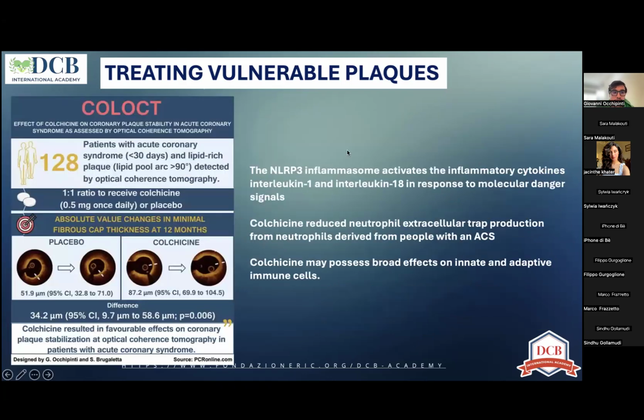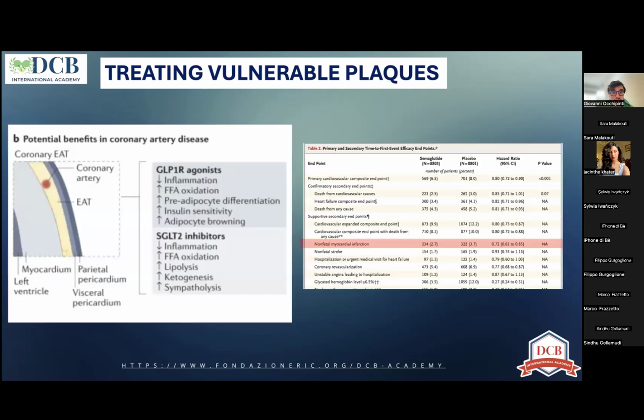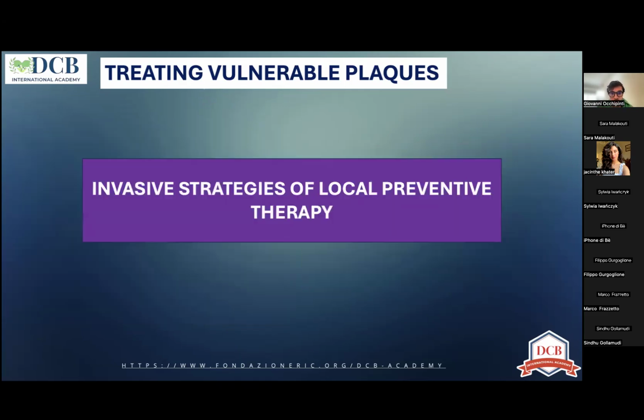With regard to other pharmacological therapies, colchicine has shown, in small trials, a positive effect on treating the vulnerable plaque with regard to cap thickness. And there are also some studies looking at GLP-1 receptor agonists as interesting new therapies.